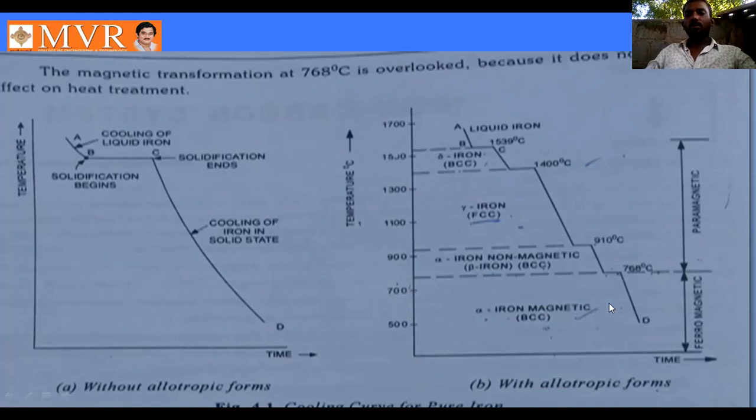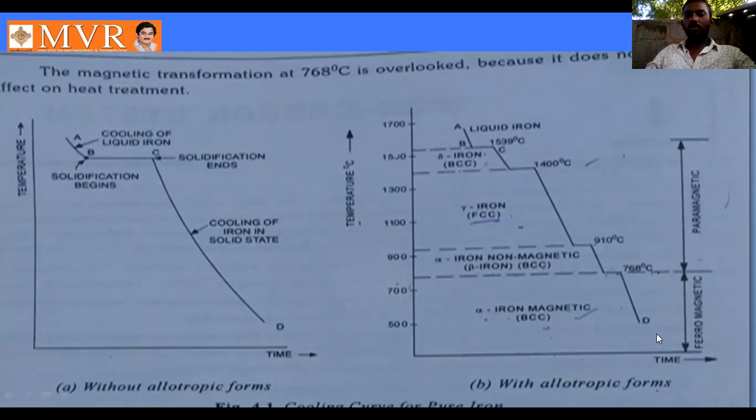In this diagram, we are heating pure iron. The x-axis is time and the y-axis is temperature. From 0 degrees we start heating the pure iron. We have points A, B, C, D.